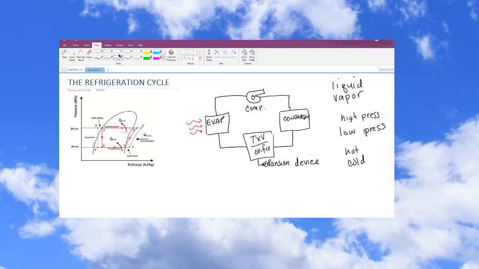And if I feed it some really cold refrigerant, it interfaces in the evaporator and it leaves. Oops, I went the wrong way. Sorry, let me fix my cycle. I'm going this way.